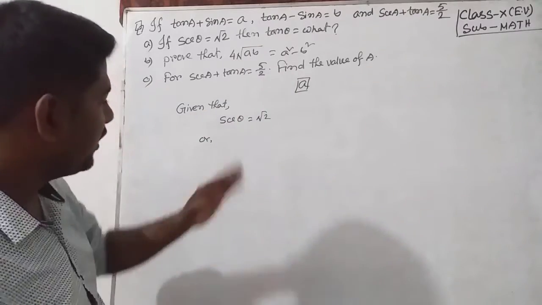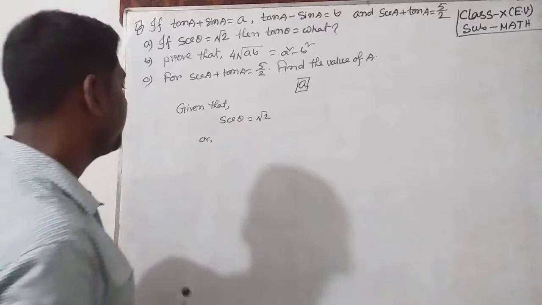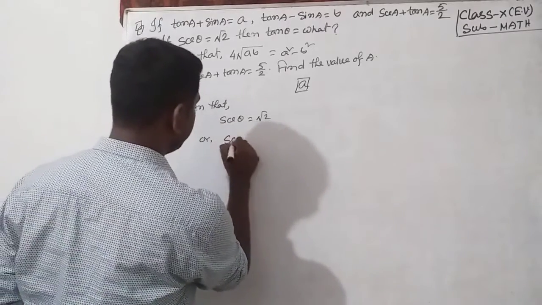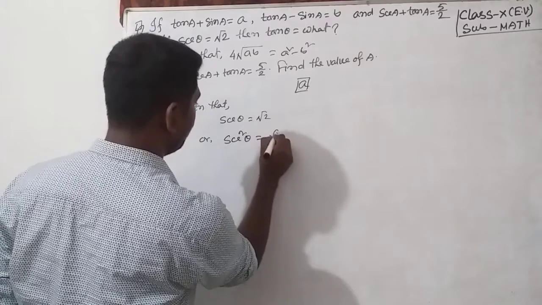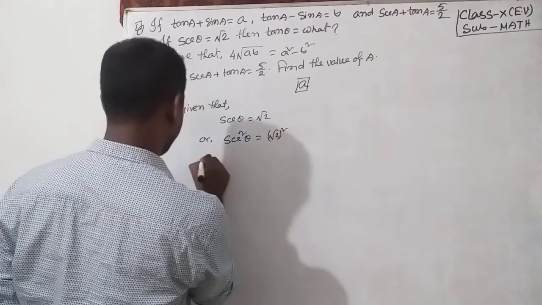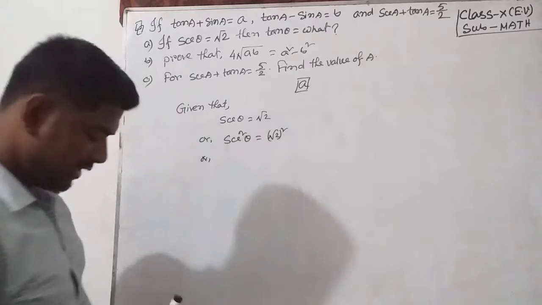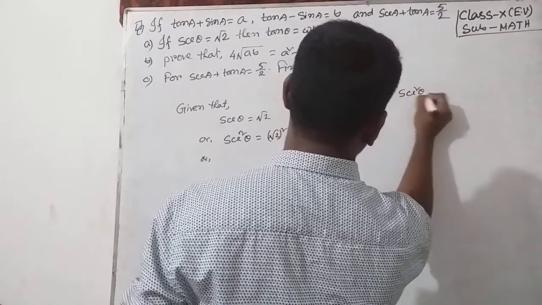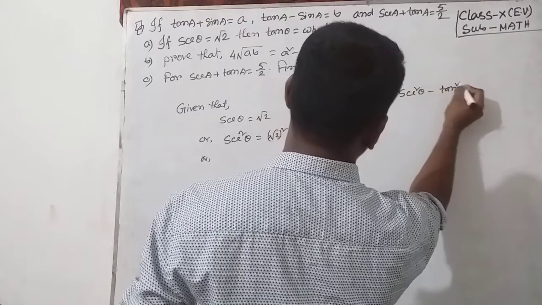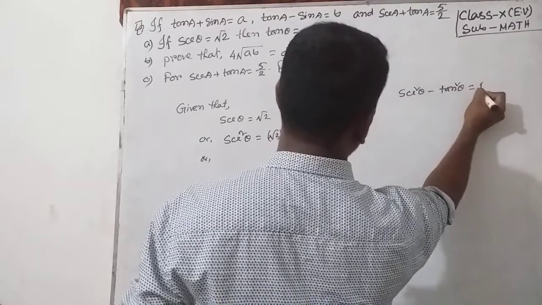For this reason, squaring both sides, it will be sec square theta equals root 2 whole square. We know a formula: sec square theta minus tan square theta equals 1.